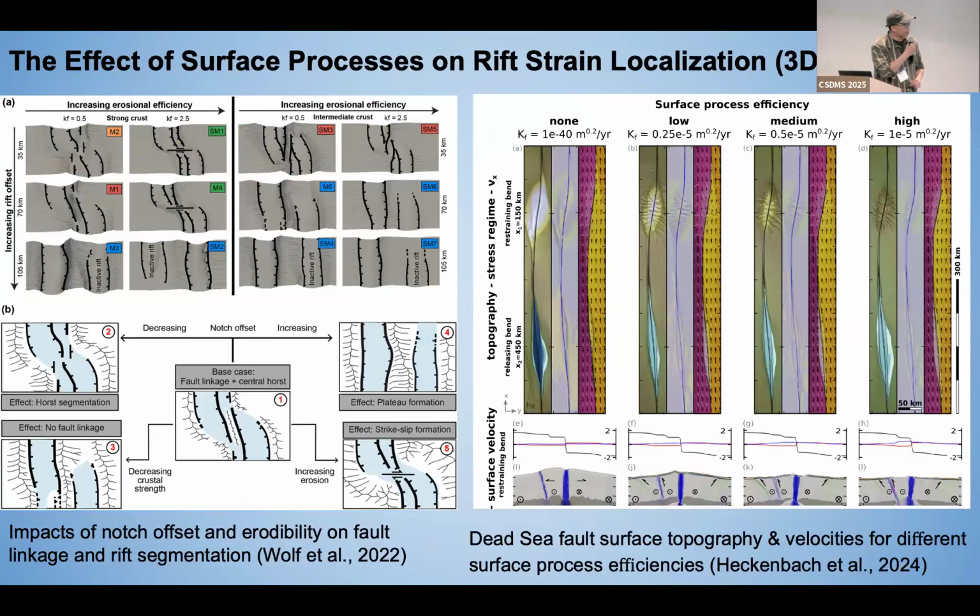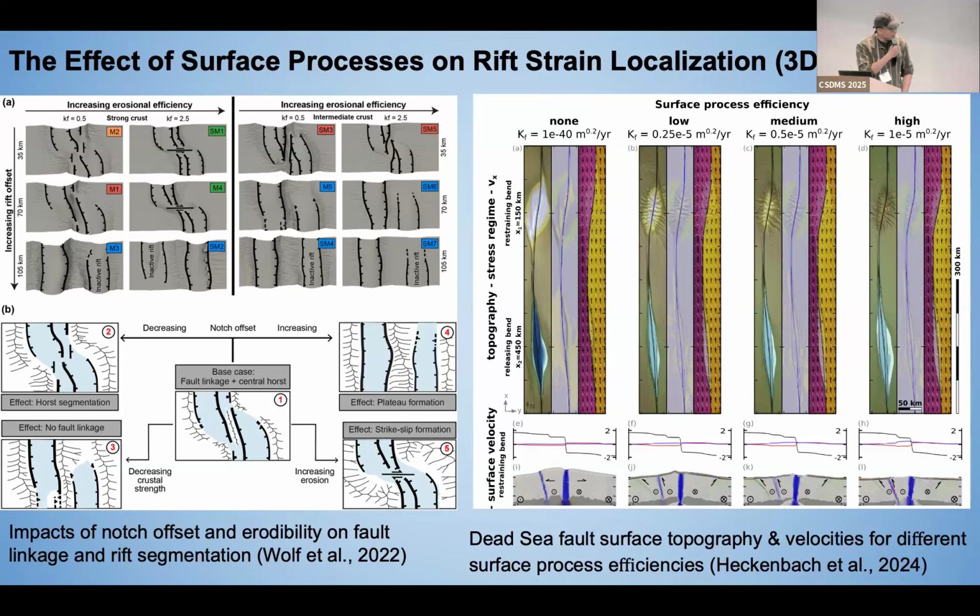In 3D, there are also recent publications on the role of surface processes in rift settings. On your left, Wu et al., another paper in 2022, shows how erosional efficiency can impact rift segmentation, where you can see two rifts growing and the tips overlap. In the interaction zone, the erosional efficiency, as you can see on the top, can change the segmentation of the rifting.